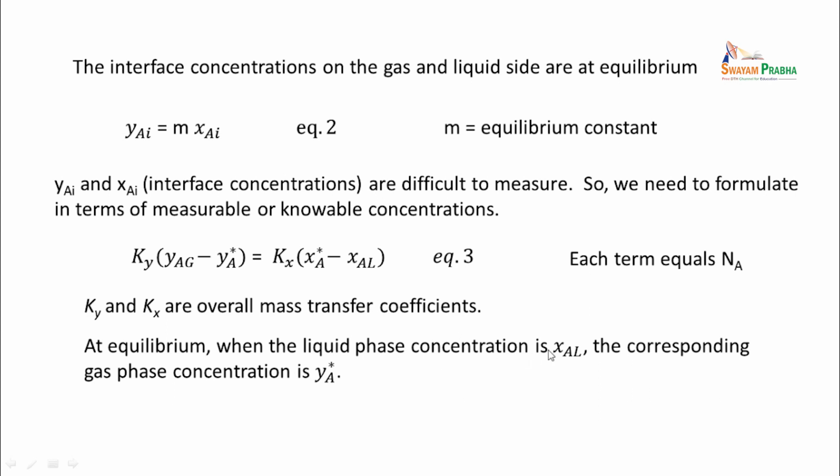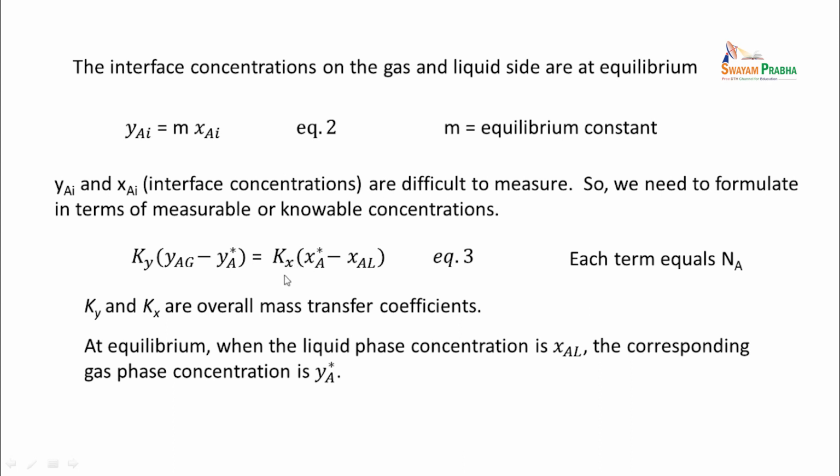At equilibrium, when the liquid phase concentration is Xal, the corresponding gas phase concentration is Ya star. So we have replaced these individual side mass transfer coefficients with an overall mass transfer coefficient and measurable or knowable quantities such as the equilibrium value.